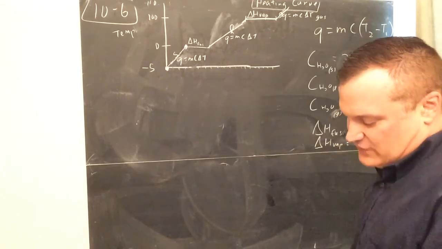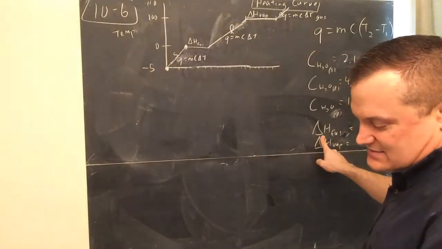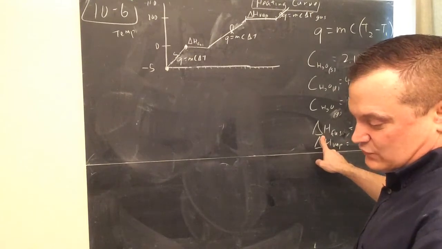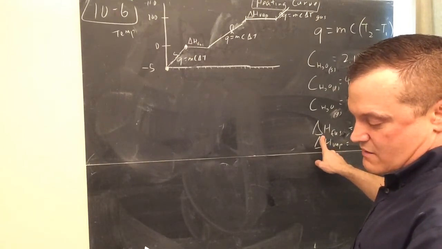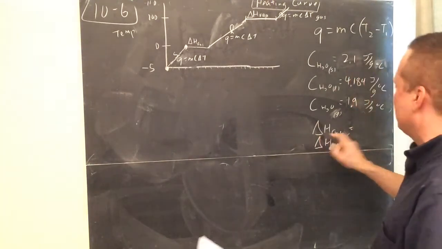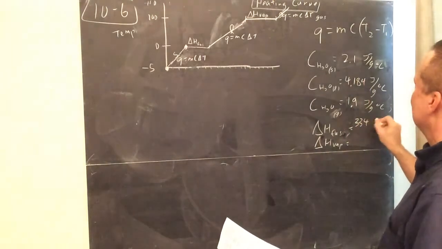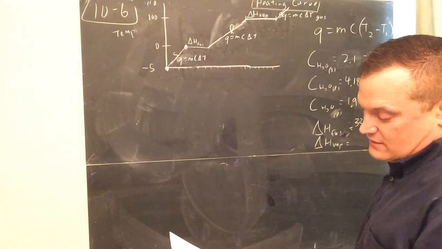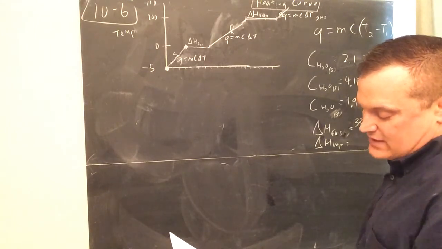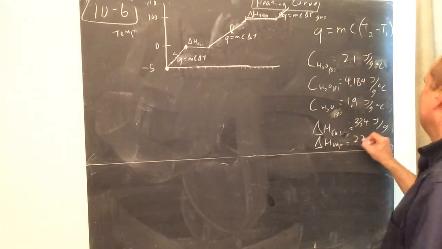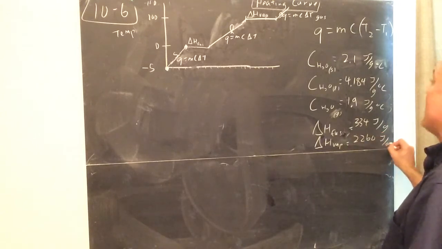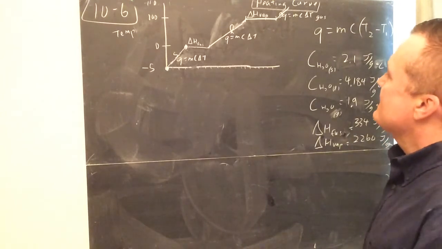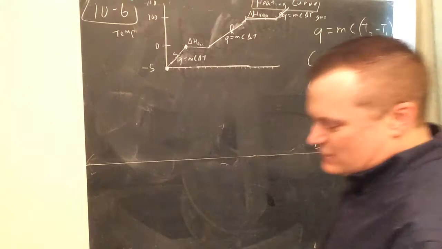Heat of fusion, the heat needed to melt ice, is equal to 334 joule per gram. And for vaporization, it is 2260 joule per gram.